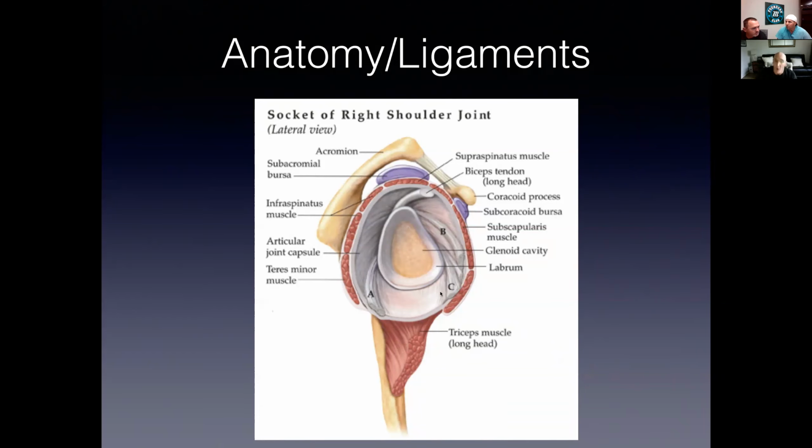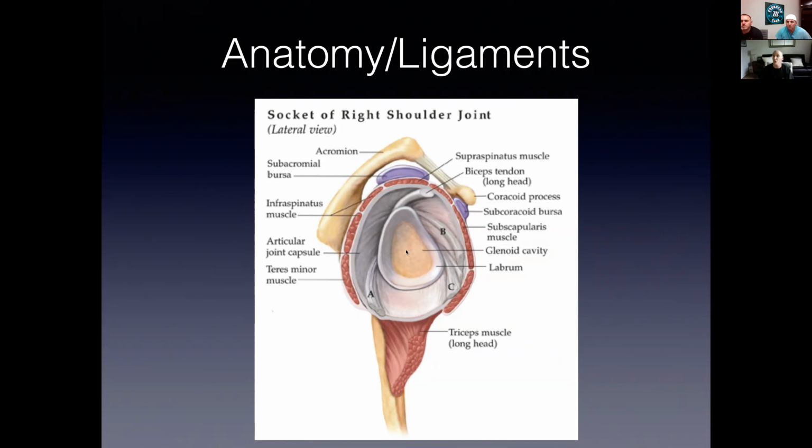When you look at the socket here, you want the ball to sit right in the center. The way you get the ball to stay in the center is to have all of these forces coupled perfectly. You need to have balance. You can't have one side be incredibly loose compared to the other side.